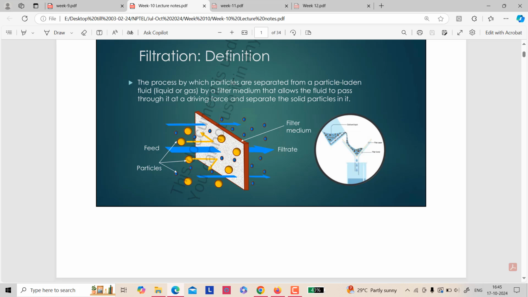We also use the filtration process for our drinking water. You can see these are the feed particles. This is the filter medium where bigger particles are stopped and smaller particles or filtrate go away.